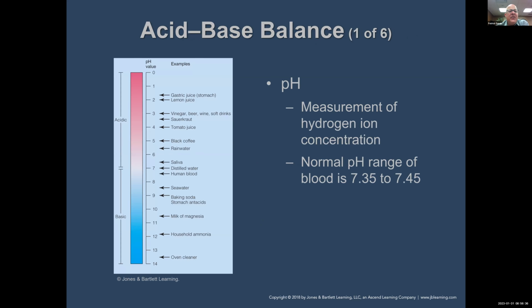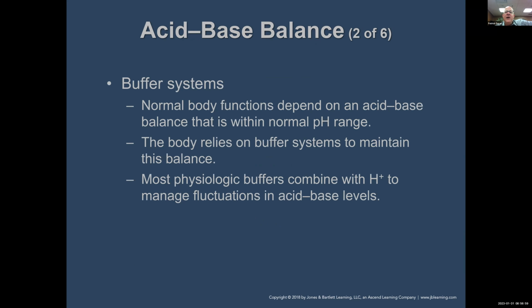We know about acid base. We know that 3.5 to 4.5 is going to be the basic neutral plane for us. Basic is going to become higher to 14, and acidic is going to become lower towards 1. But 3.5 to 4.5 is where we want to be. We have a natural buffer system, whether it's through the lungs or through bicarbonate, and that helps us keep this balance in play.